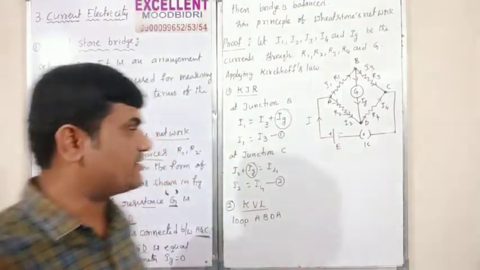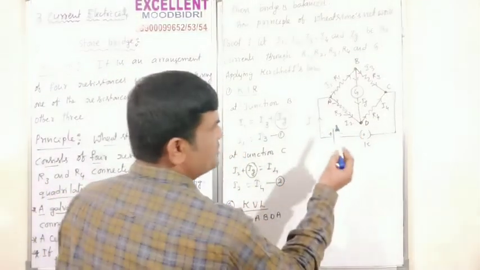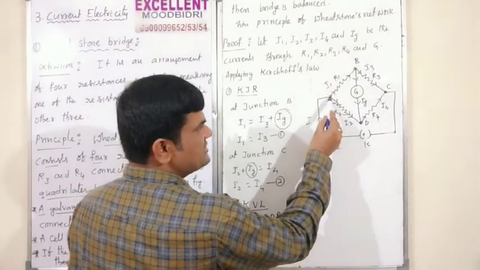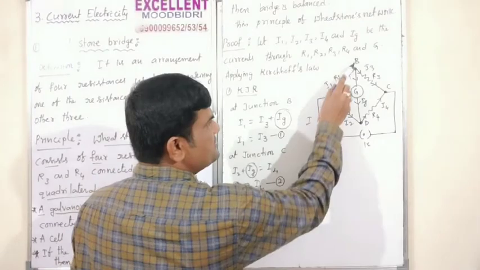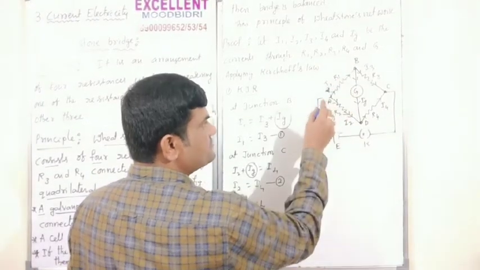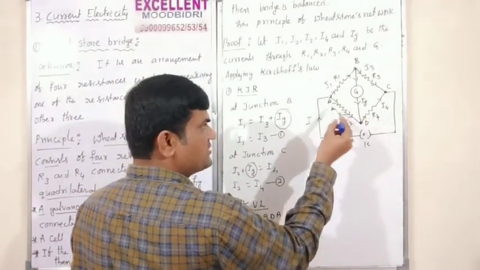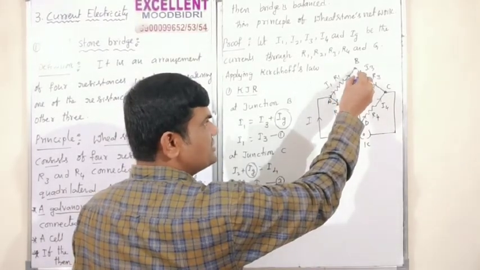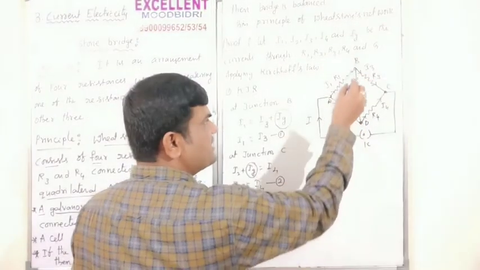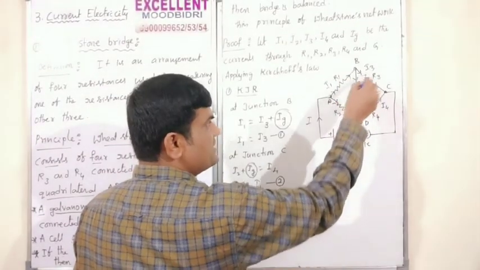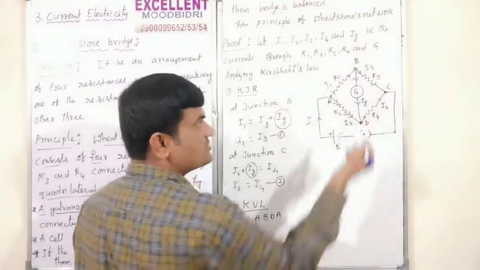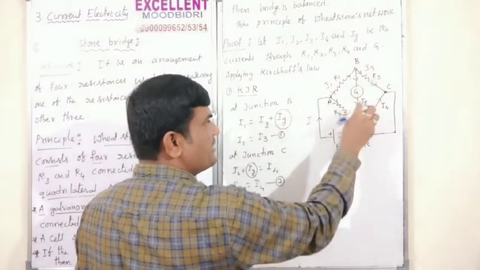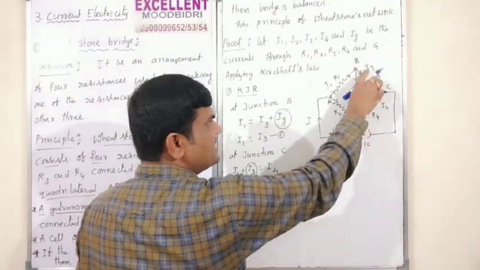We will see now. For example, observe here: it is the first junction. Current is flowing in this direction. I is divided, in this path I1 and in this path I2. Again a junction will be there. At the junction, what would be happening? This is the entering current, and here two conductors will be there. In this direction, if I take Ig, then in the other direction I3 will come.